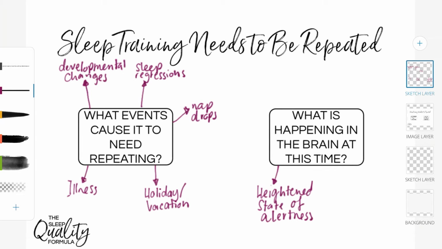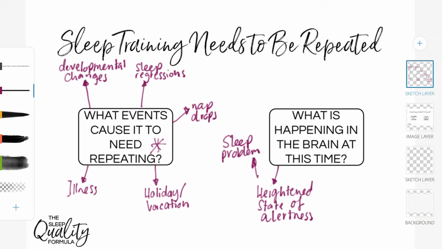So when your child is starting off with a heightened state of alertness, and then we add any of these events into the equation, it is very, very easy for this heightened state of alertness to trigger the sleep problem again. Sleep problem is triggered by the brain in this state, and then you're back at square one.